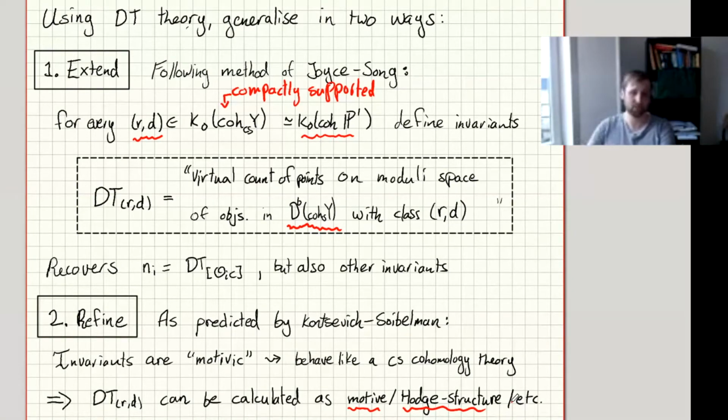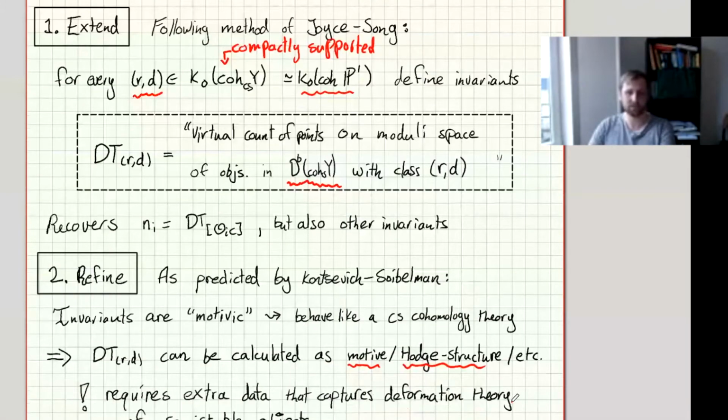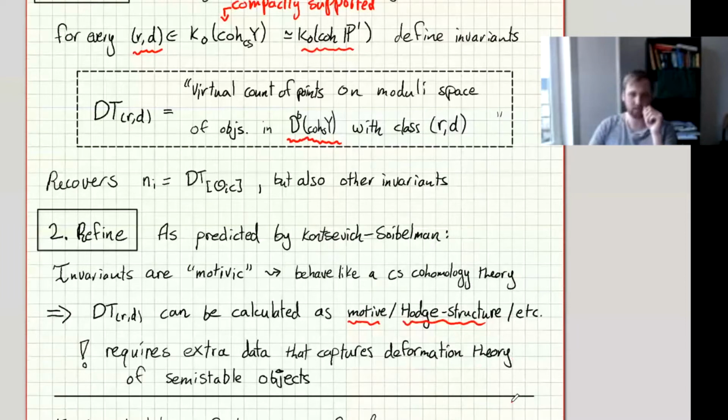And this is something that has been developed in later years, but it does require a bit of extra data. So you need some sort of deformation theory data on your moduli spaces. And so part of this refinement is that you need to take care of this extra data and work with it and see that everything works out.